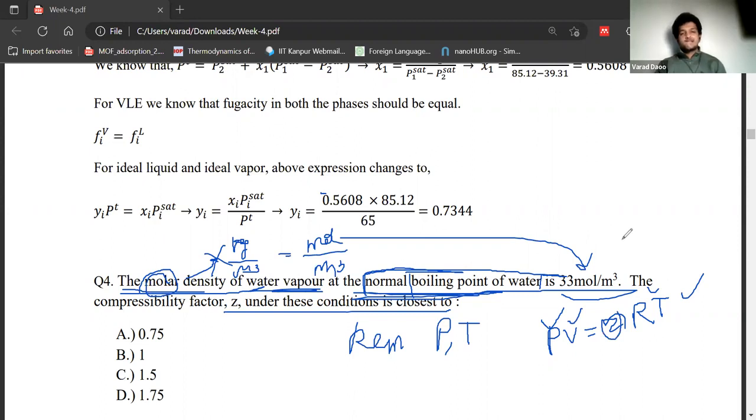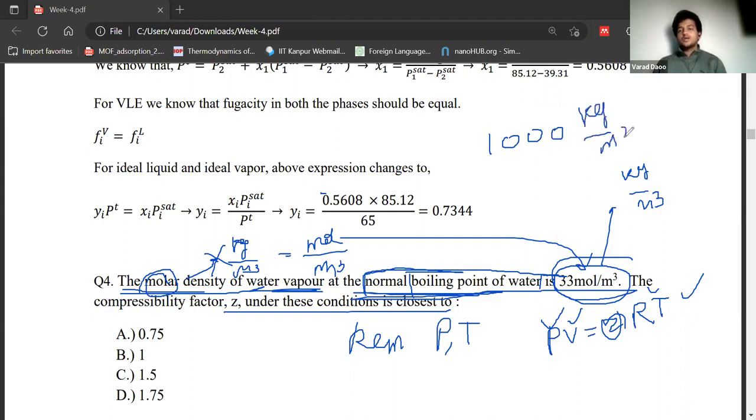Or even if you don't know, you can just convert this 33 mole per meter cube into kg per meter cube. This is the density, and we know what the density of water will be at ideal conditions at this normal boiling point. It will be 1000 kg per meter cube.